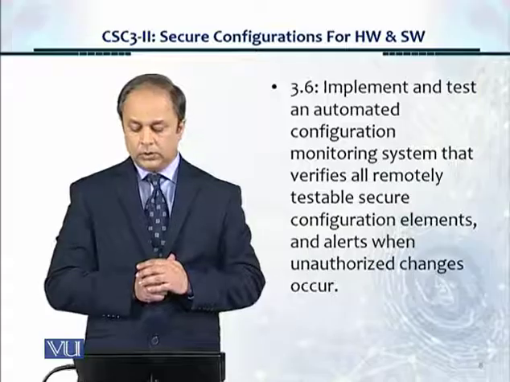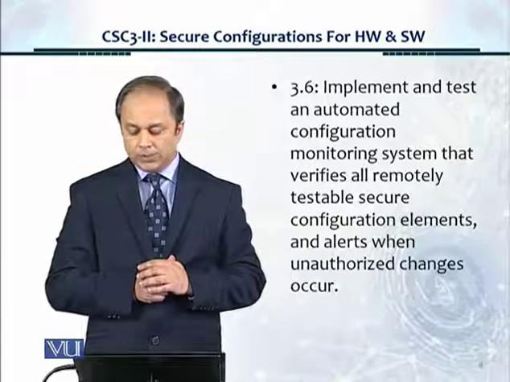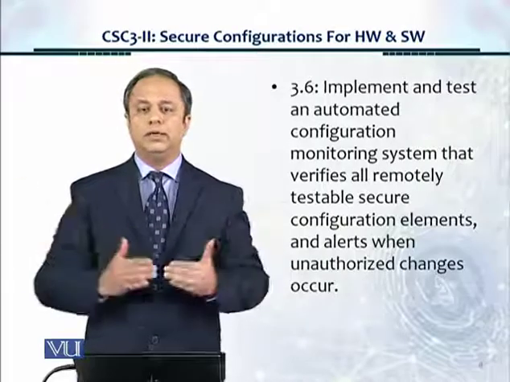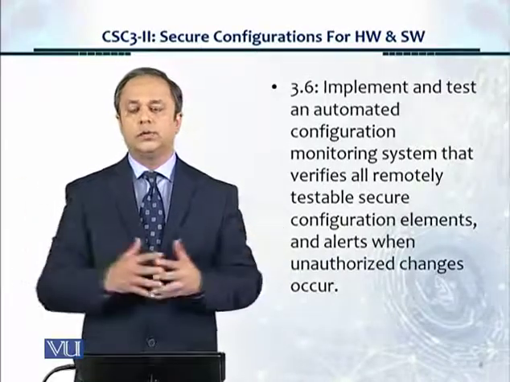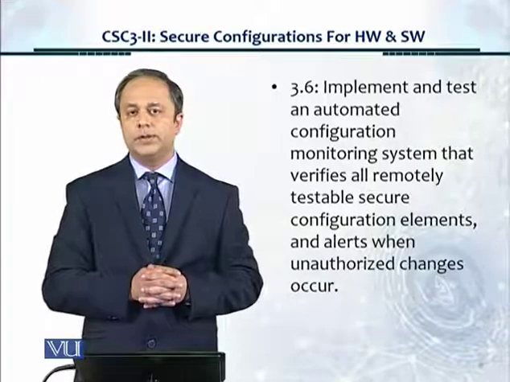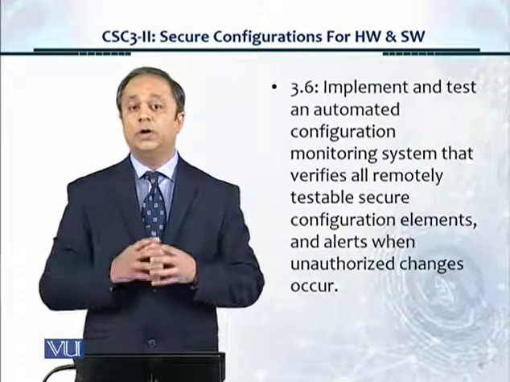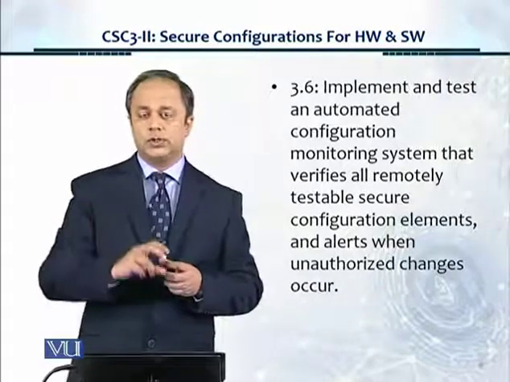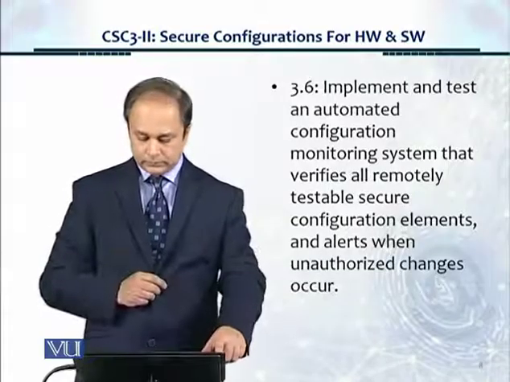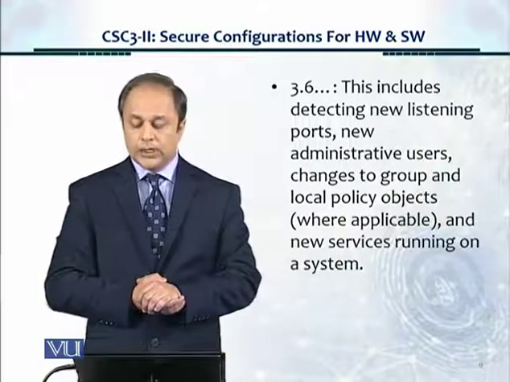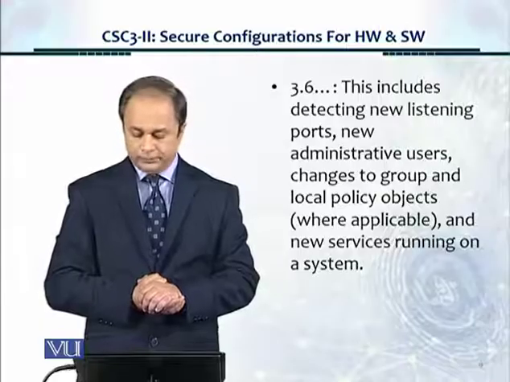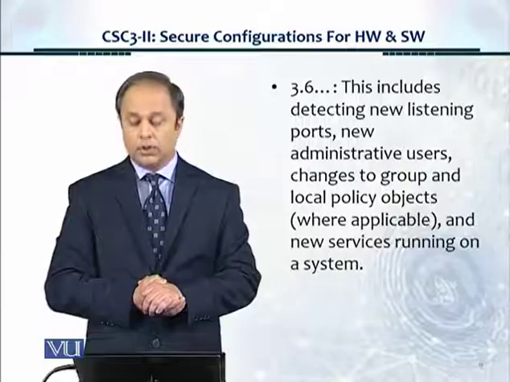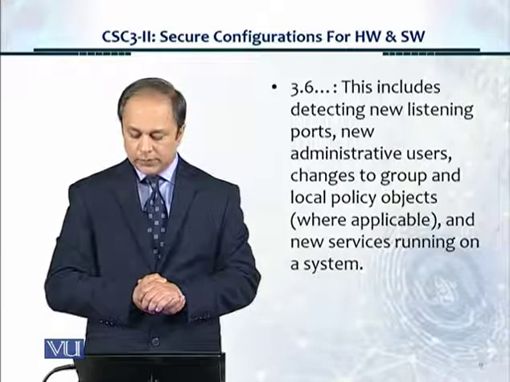And here, now we're talking about implementing an automated configuration monitoring system, because you probably have dozens or hundreds or even thousands of computers and servers in your enterprise. So without automation, it'll be very difficult to track whether the configuration has been changed. So we need to have a system which can monitor that. This includes detecting new listening ports, new administrative users, changes to group and local policy objects where applicable, and new services running on the system.